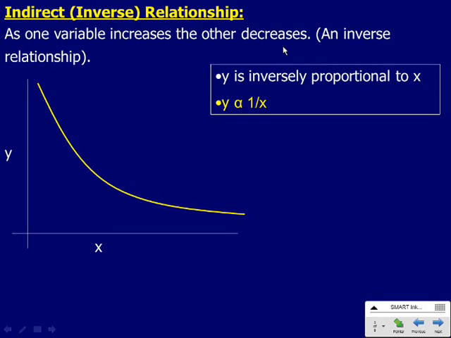It does the opposite. When you graph an inverse relationship, you get a curve that looks like this. Because as x gets big, y gets small. And if x is small, y is big. The opposite, the inverse.